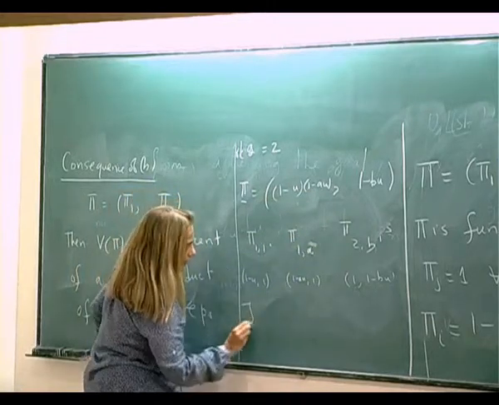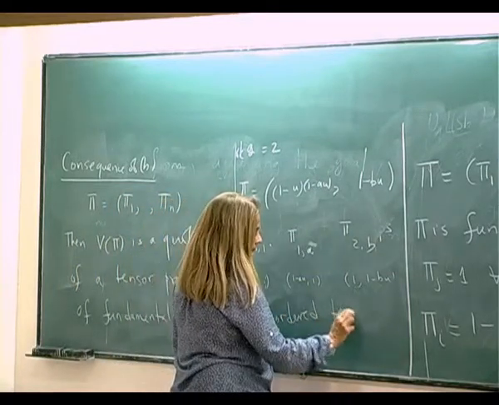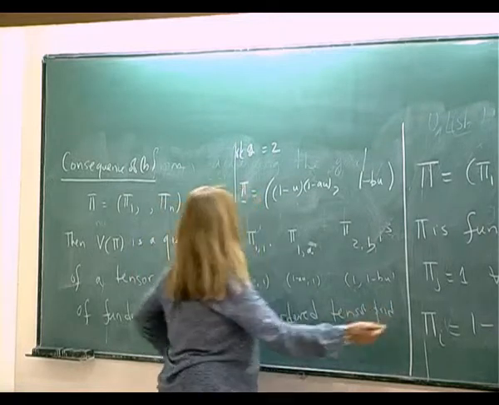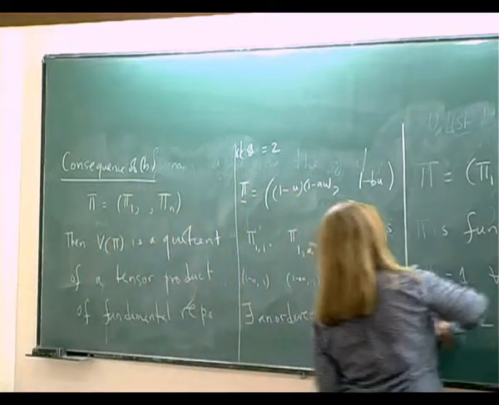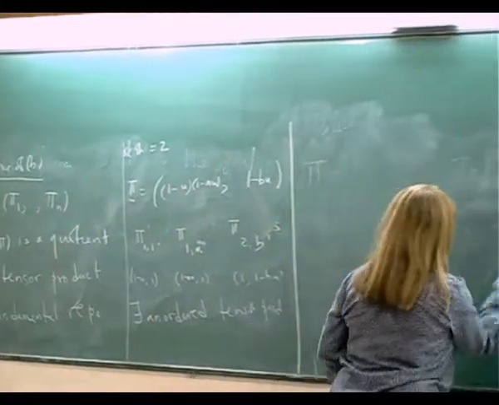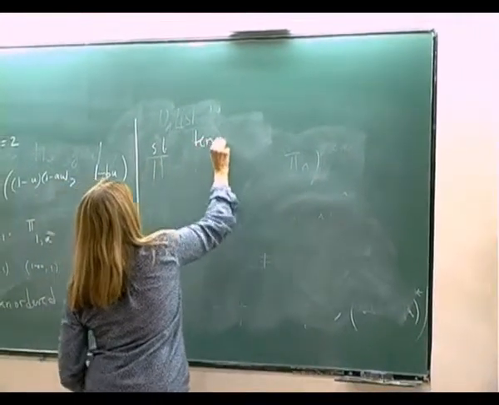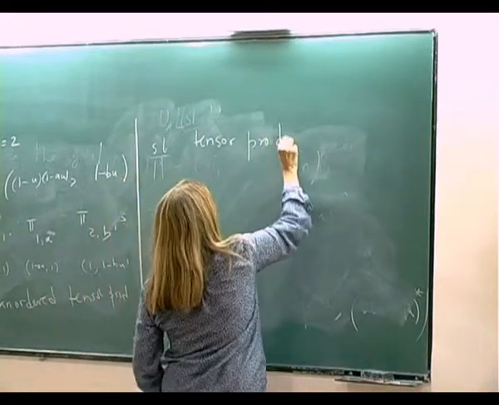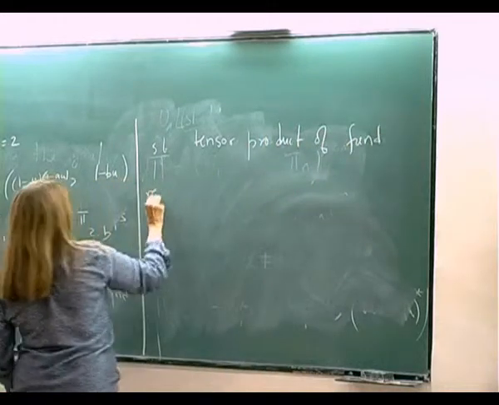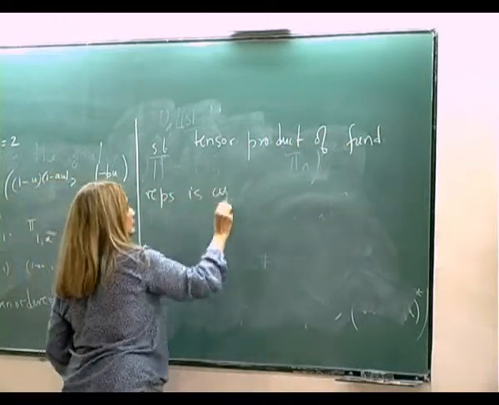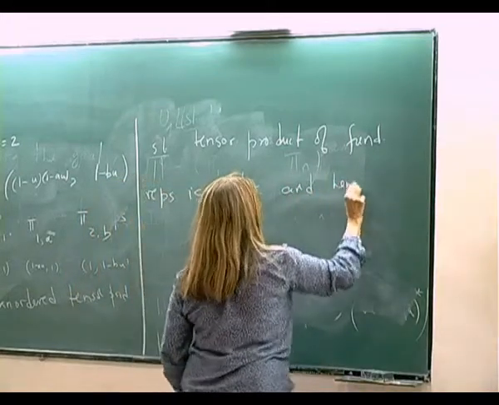So there exists an ordered tensor product. Let's just assume that I first take this, this, and this, such that the tensor product of the fundamental representations is cyclic and hence has V_pi as a quotient.